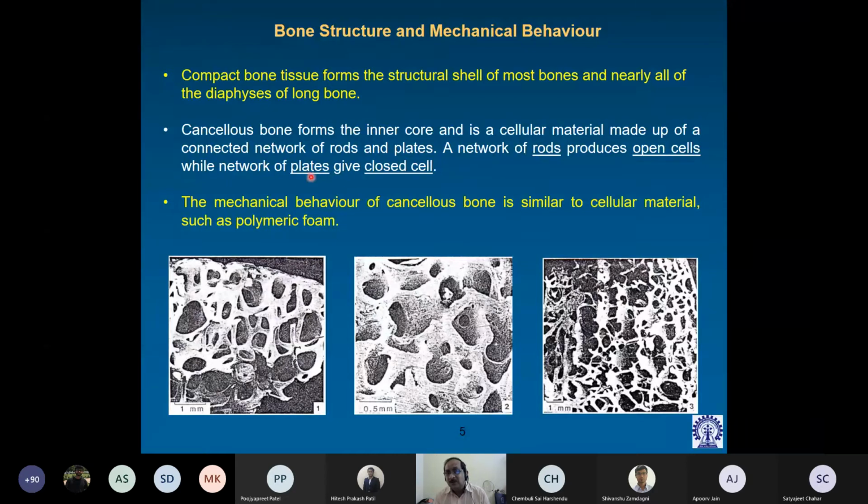structure. Of course, in the case of a network of plates, the porosity decreases, thereby the density increases. So more material is accumulating in the cell walls, giving it a more closed cell structure.